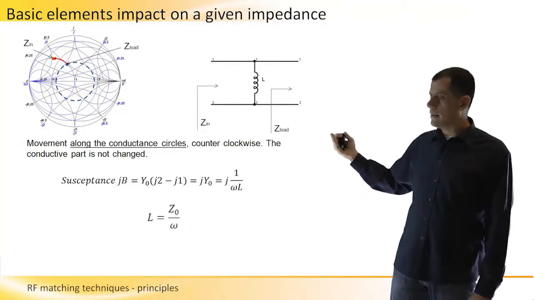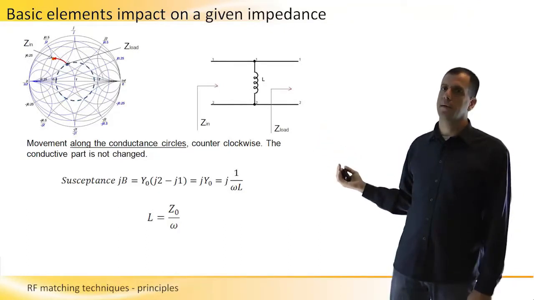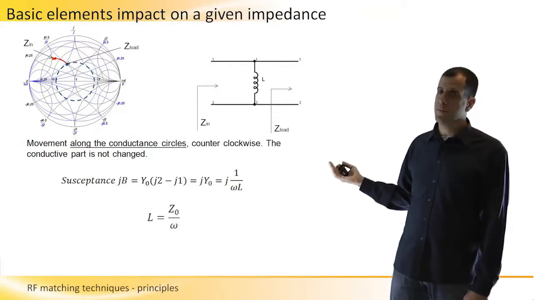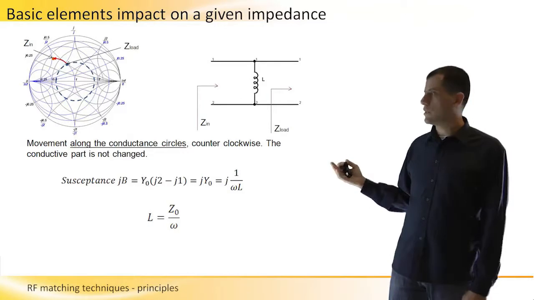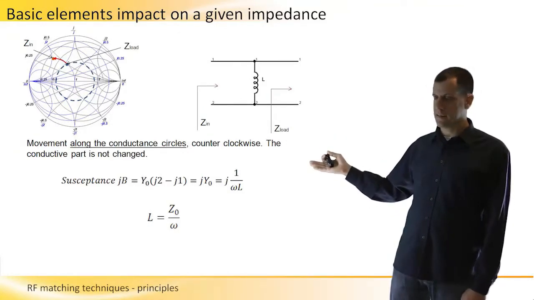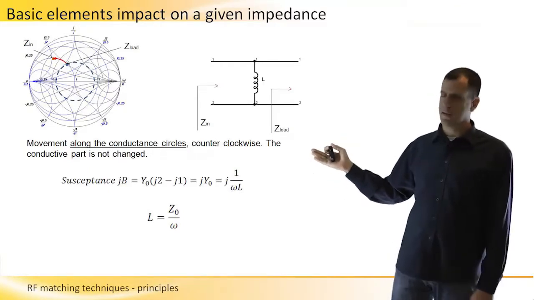If we want to add a susceptance, then we have to maintain the conductance, because the conductance doesn't change, but the susceptance does change. So we are actually maintaining the circles that we are standing on, but we are changing the arc that we are standing on.